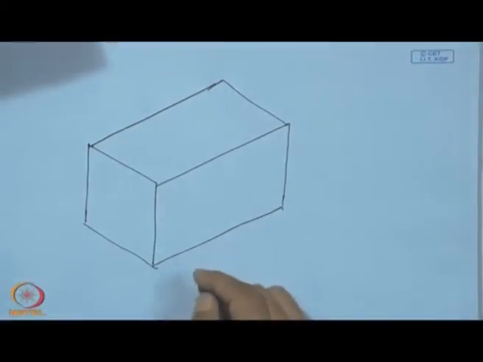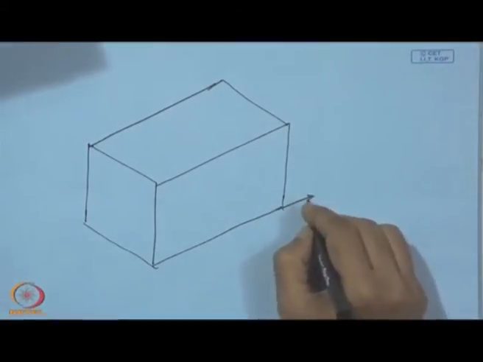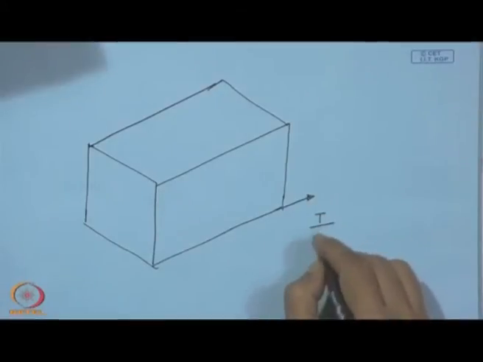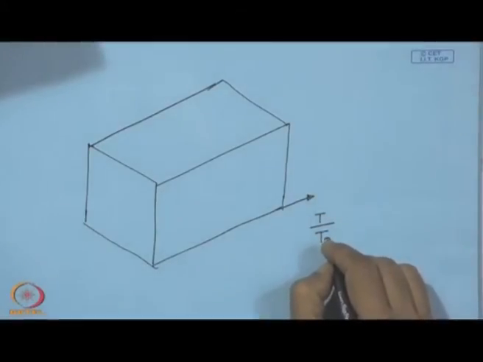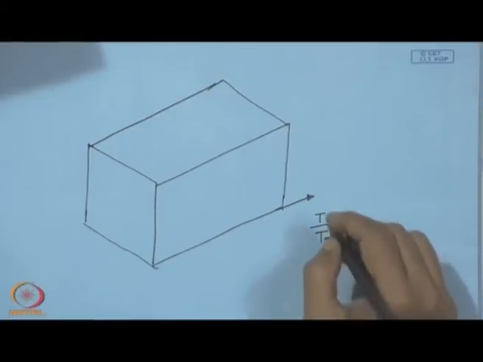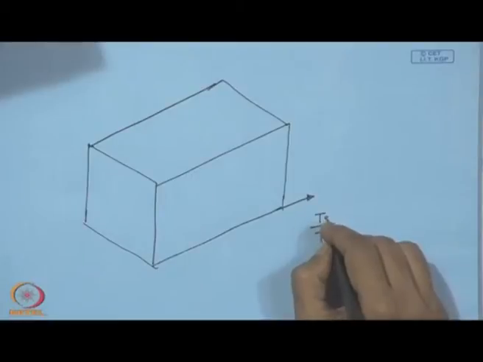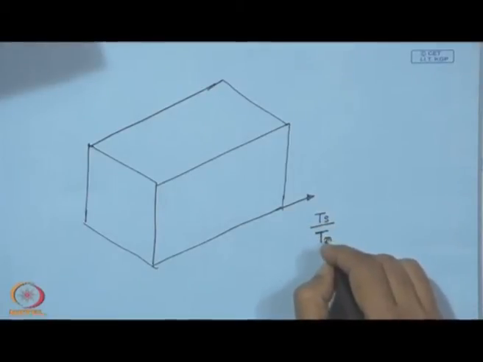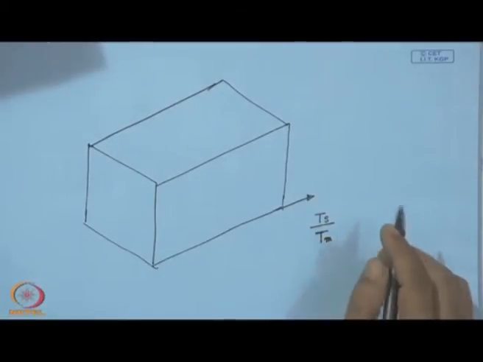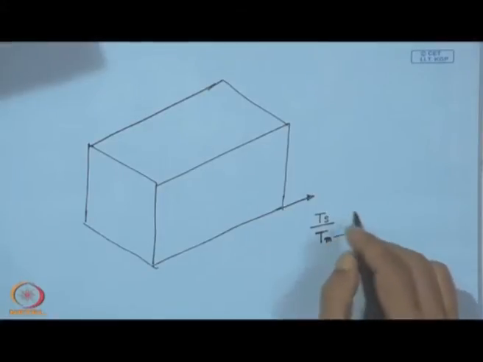For example, along this direction we put the notation T by T m. Here T is the temperature of the substrate, T s by T m, and T m is the melting point of the target.